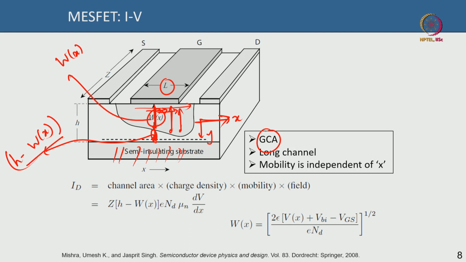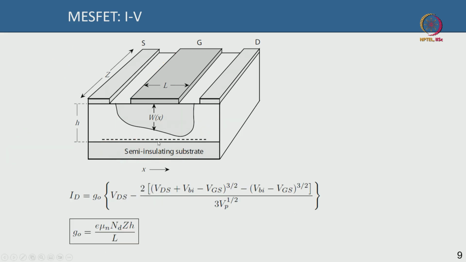So H minus Wx is the conducting width. To carry the current, you have to multiply that by the width of the channel, which is Z here. Many textbooks consider it as W or Z. So H minus Wx times Z gives you the cross sectional area at that particular point x, which is able to carry current.